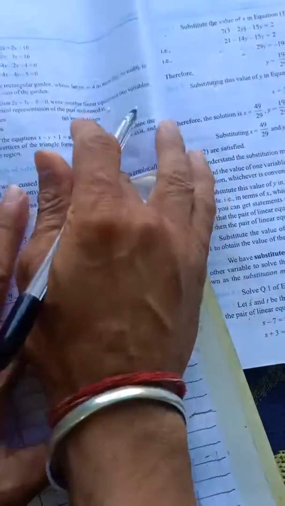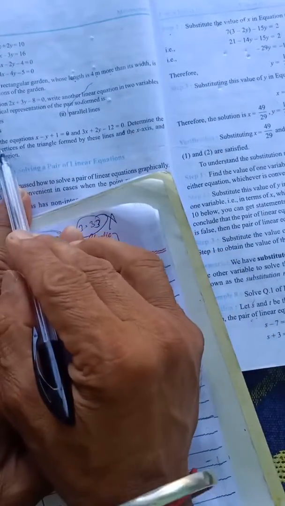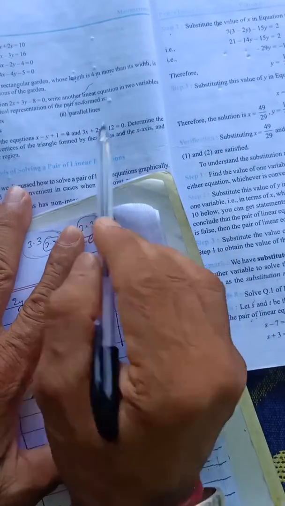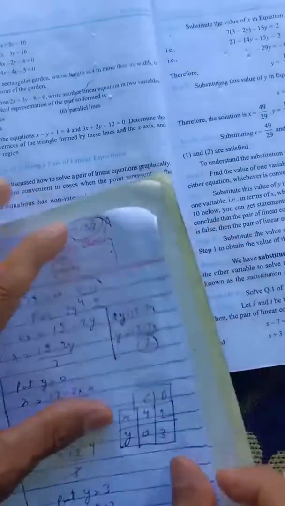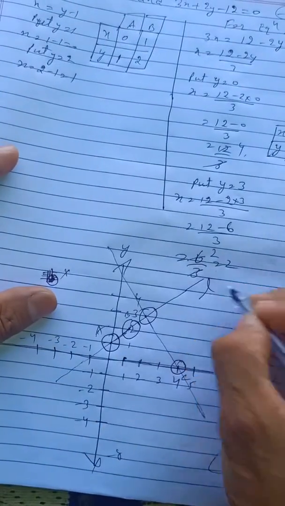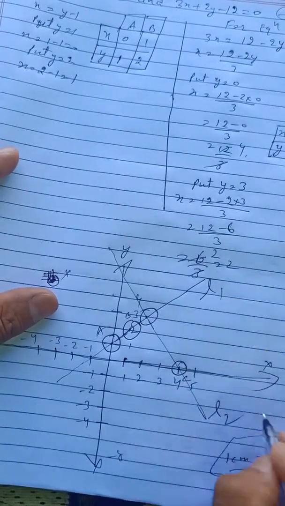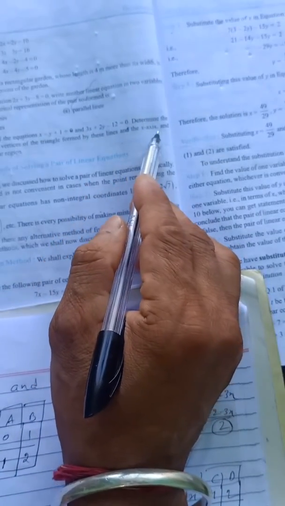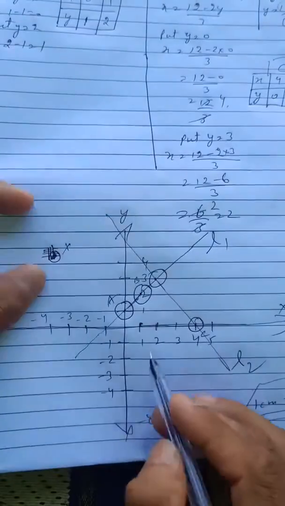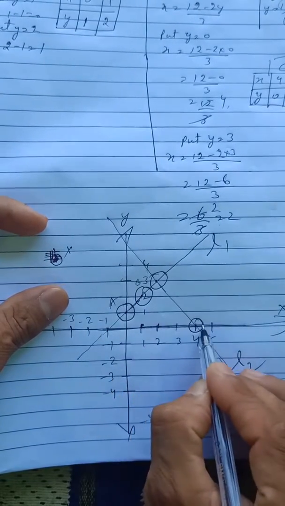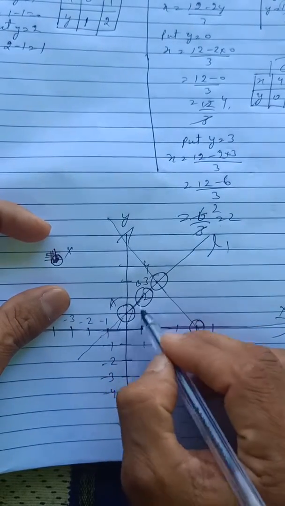What does the question want us to do? Determine the coordinates of the vertices of the triangle formed by these lines. These are the lines L1 and L2, and the x-axis. And shade the region.